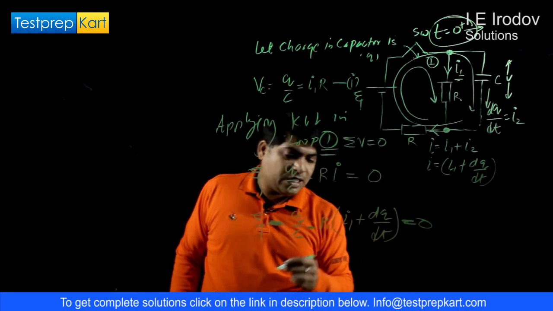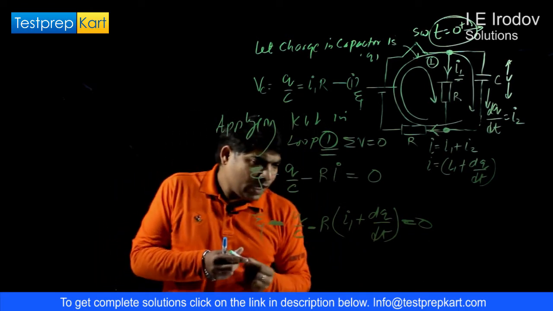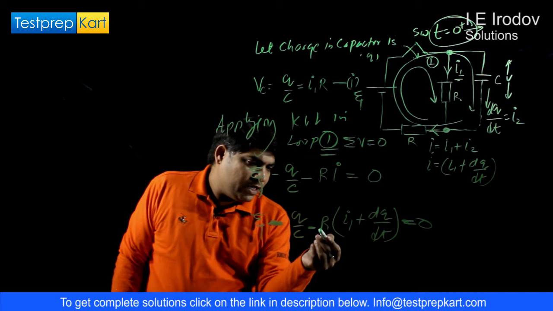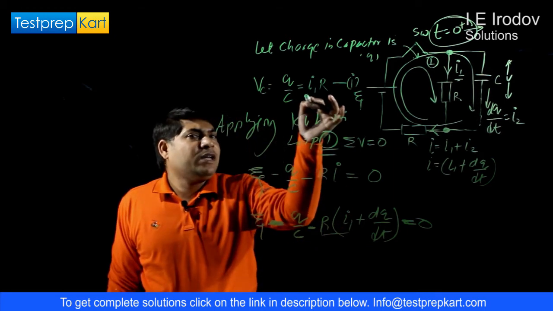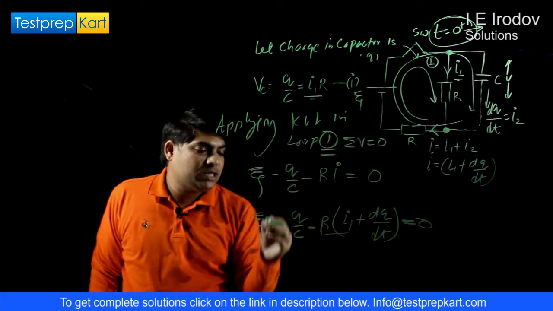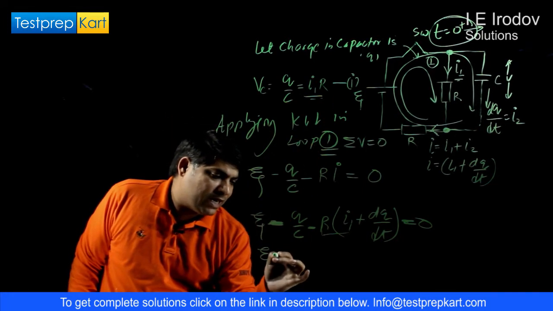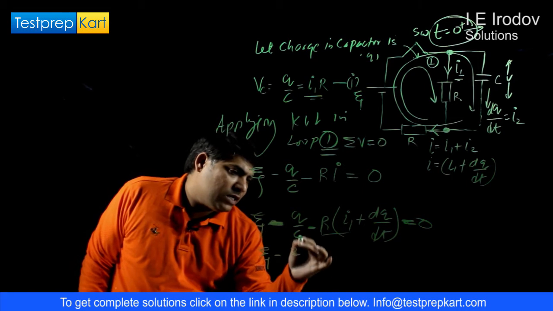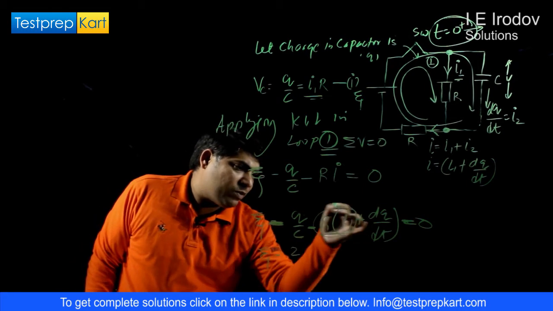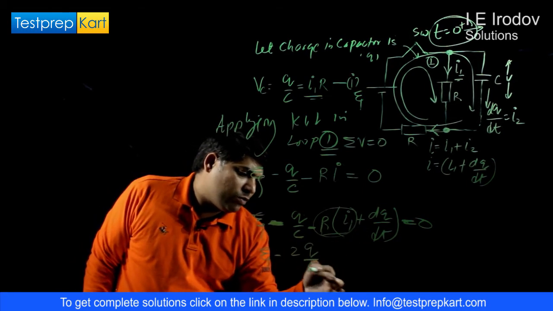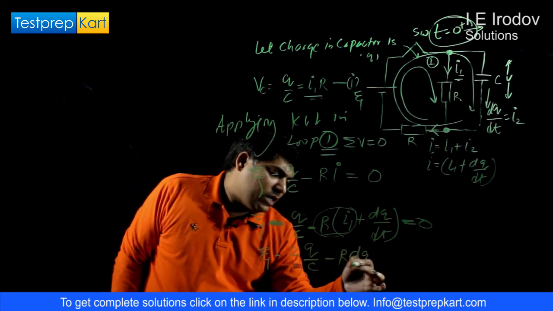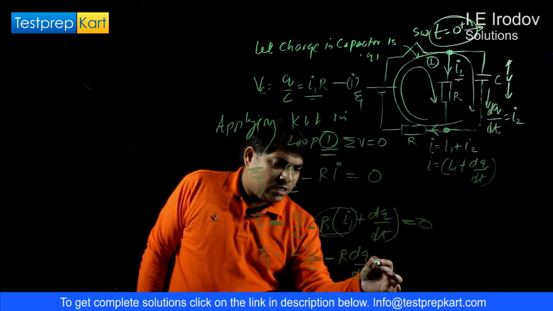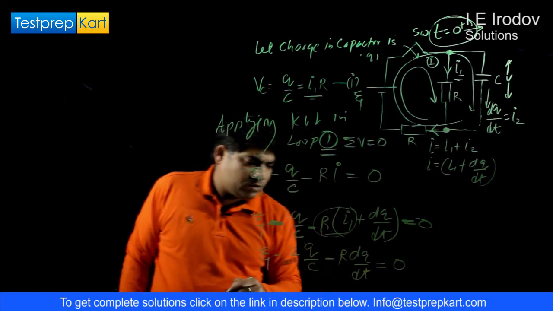If you open this bracket, we get another term, R into I1, and from equation 1 this is equal to Q over C. So we can write E minus Q over C minus Q over C for this term, that is E minus 2Q over C minus R dq over dt equals 0.